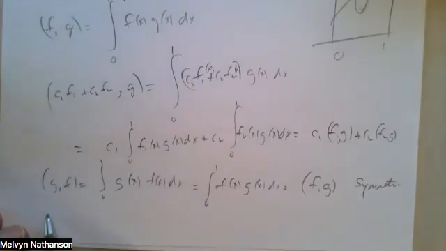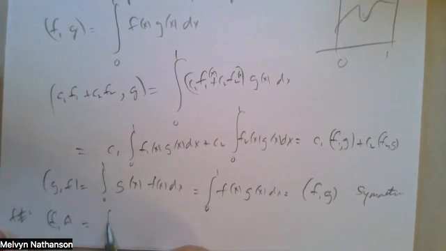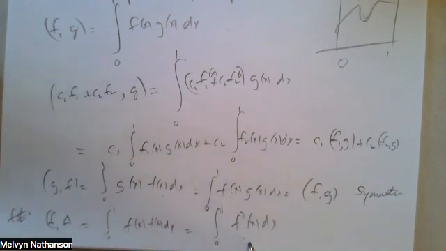And if I take the inner product of a function with itself, if f is not identically 0, this is the integral from 0 to 1 of f of x times f of x dx. That's the integral from 0 to 1 of f squared of x dx. This is a positive function. It's never negative. It's always greater than or equal to 0. It's greater than 0 somewhere because the function is continuous, which means it's greater than 0 on at least some little interval.